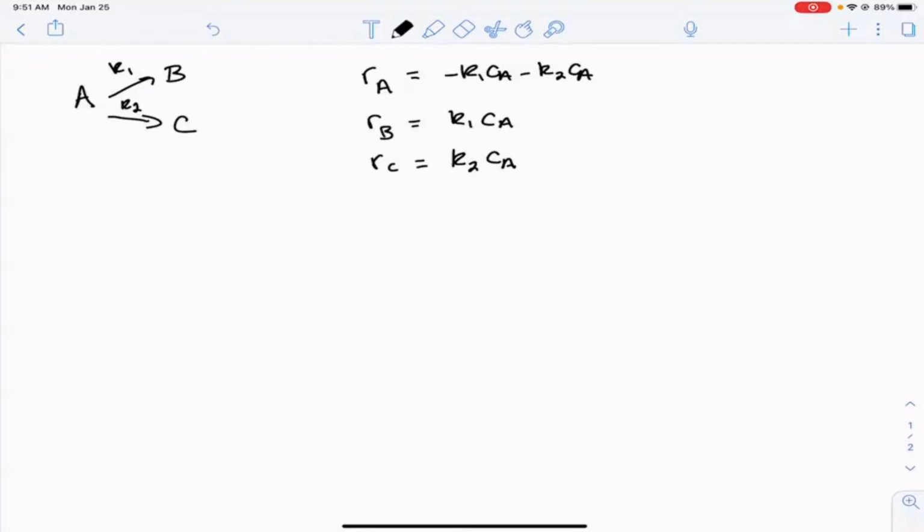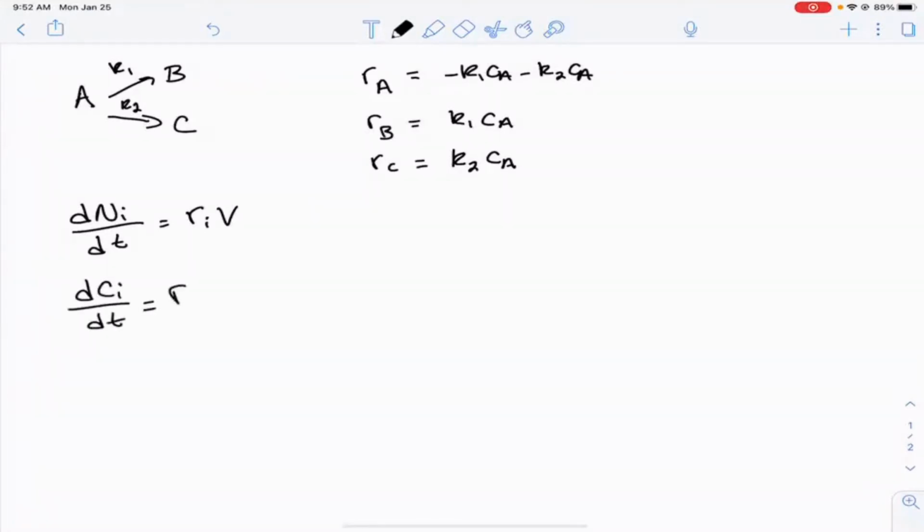And remember, our mole balance for an ideal batch reactor is that dNi/dt is equal to Ri times V, right? And if we assume that we have this constant volume batch reactor, which we were told had a volume of 3 liters, we can divide by the volume. And so we get dCi/dt is equal to Ri, right?